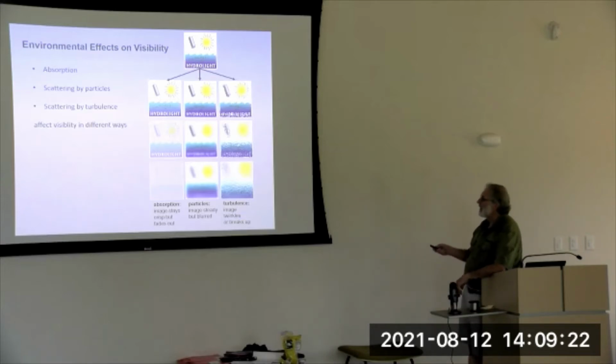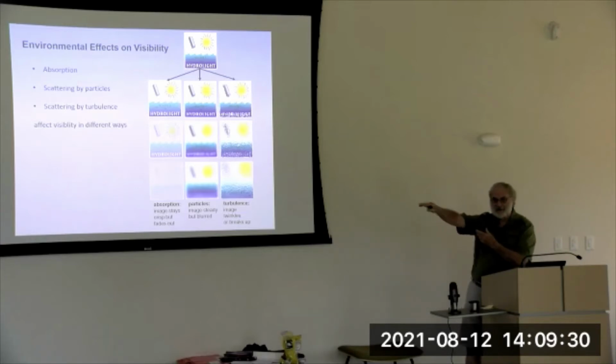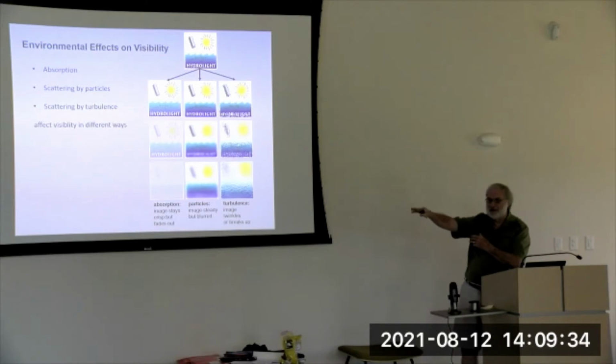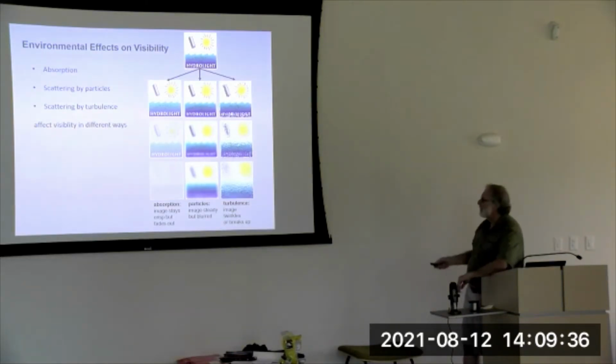Now, if there's scattering by turbulence, so you're at an interface where there's a big temperature gradient or a big salinity gradient, or on land, you would be looking off towards the horizon over the road, and there's some mirage, air has a lot of turbulence in it. That again causes small angle scattering.